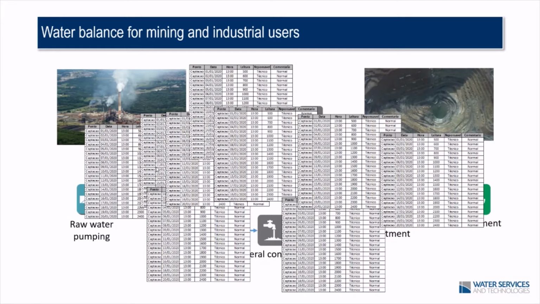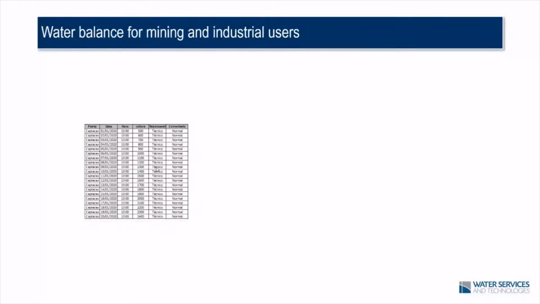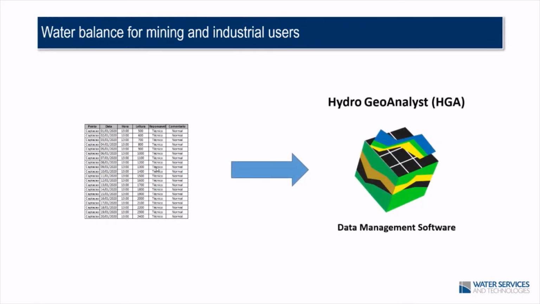And as long as my industry grows and as long as time passes by, my table gets bigger and bigger, and it's going to get harder and harder to analyze my data if I don't have, for example, a good data management system. So that's why we always encourage people to have all these tables analyzed from data management software.